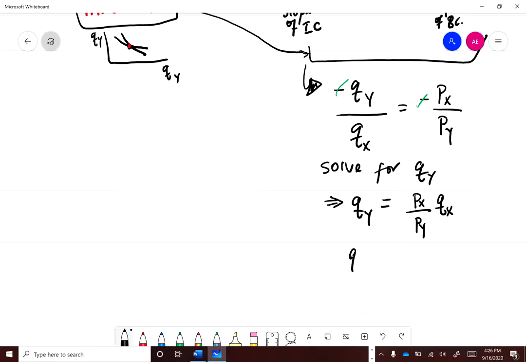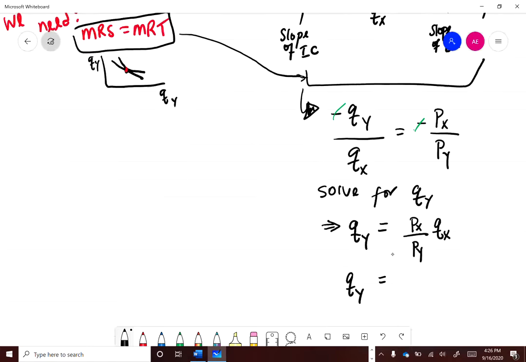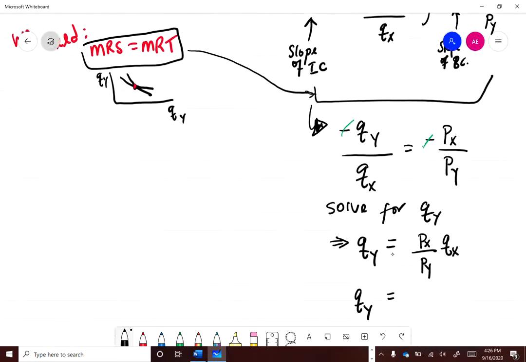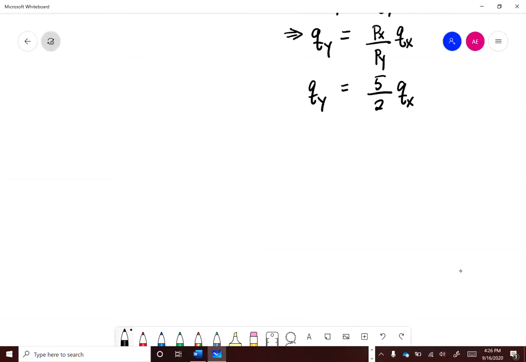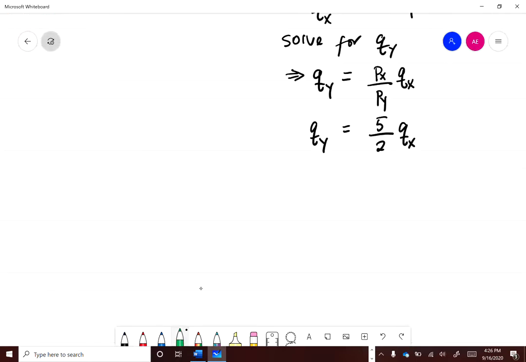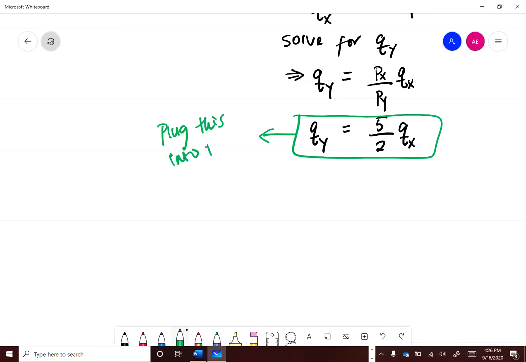Remember, we have numbers for these things now. So Q of Y is equal to, what is P of X? 5. P of Y is 2. So 5 over 2 times Q of X. This is not the end though, right? Because Rory only has $100 to spend. So we need to plug this into Rory's budget constraint.